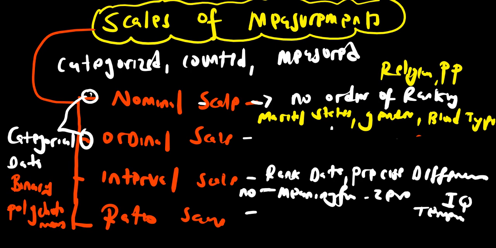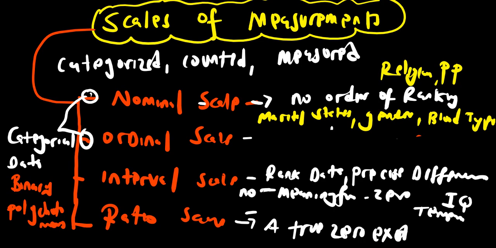Then the ratio scale now combines everything. When we talk about the ratio, it will possess all the characteristics of the interval measurements. And what will be different is that a true 0 exists.